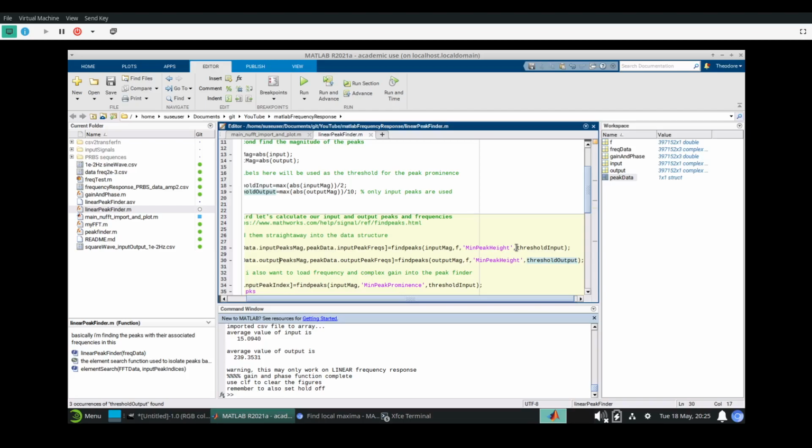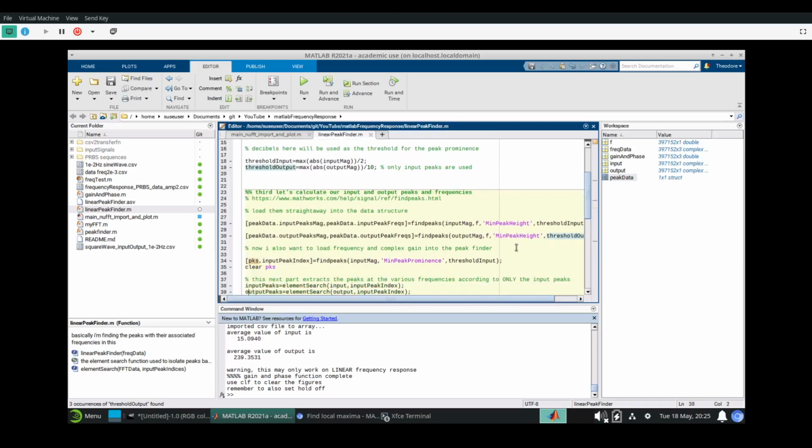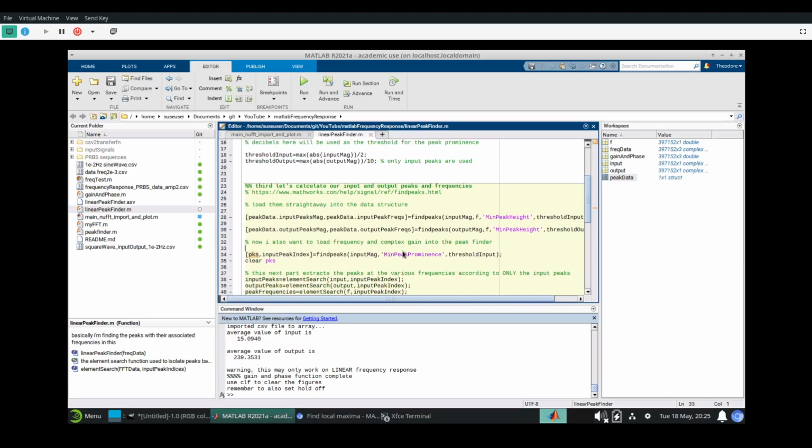Next, I also want to load the frequency and complex gain, using this min peak height.